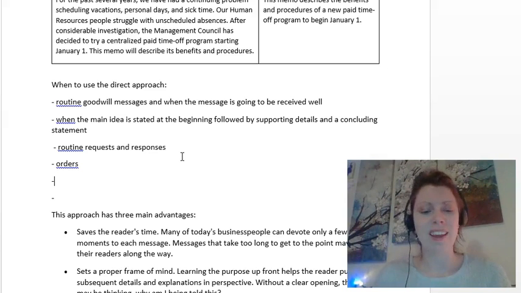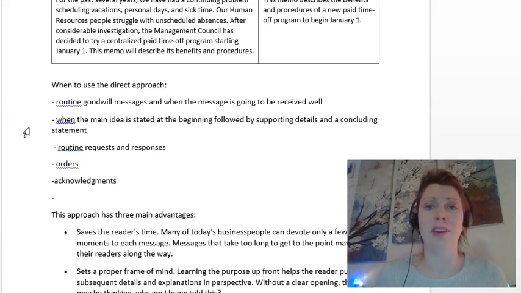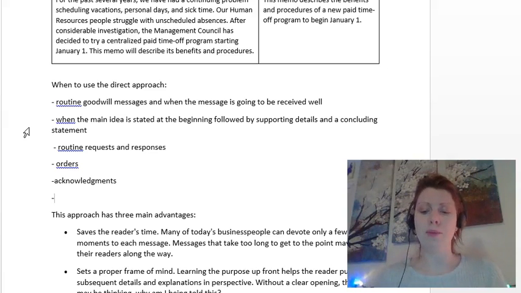All right. You also use this for acknowledgements. So when you're giving a speech at the company dinner at the end of the year at Christmas, or when you're presenting an award, sometimes if it's a surprise, you might use the indirect approach. You might not want to stand up there and say, oh, congratulations, Sally won, this is great.